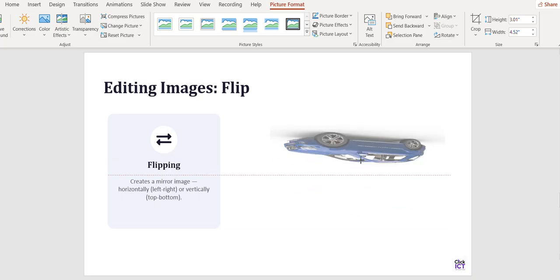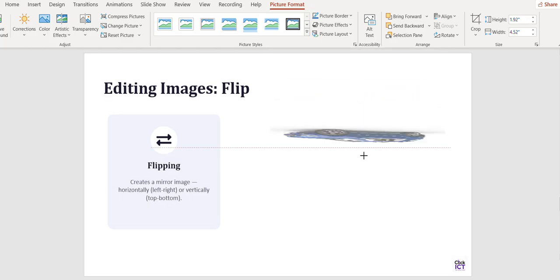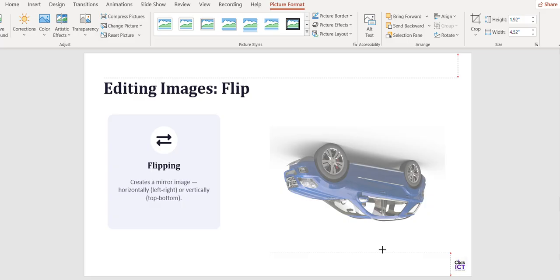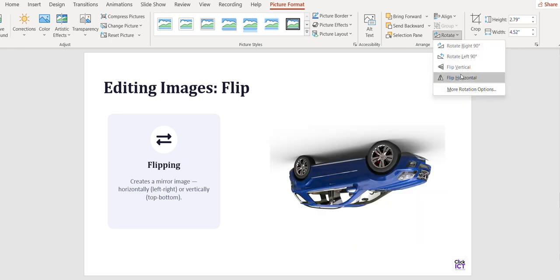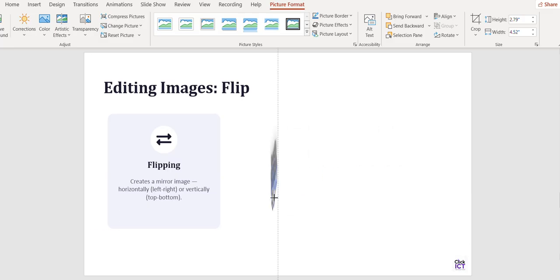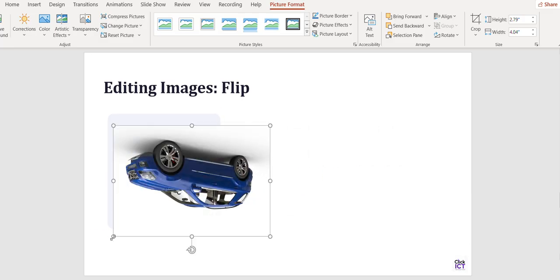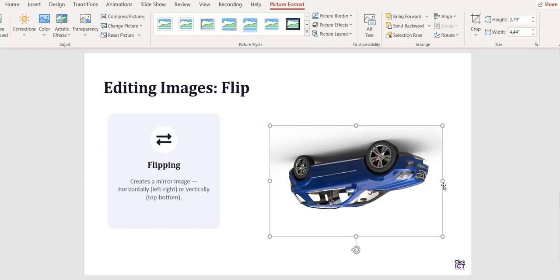I can flip this vertically like that also. So we can use the handles also to flip, or we can use the option from the ribbon as well. We can flip it horizontally as well, flip horizontal. So this is how we can flip horizontally by using the handles as well. So you can see like this.